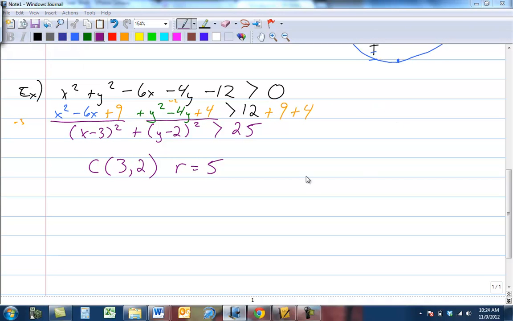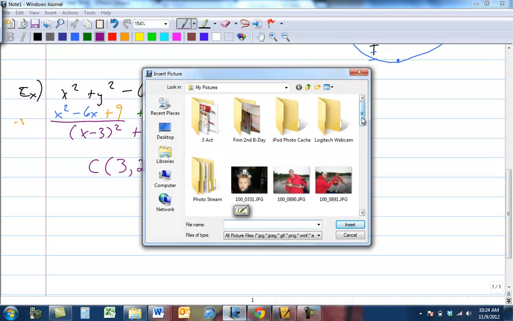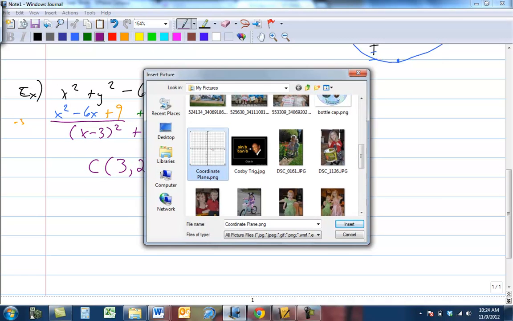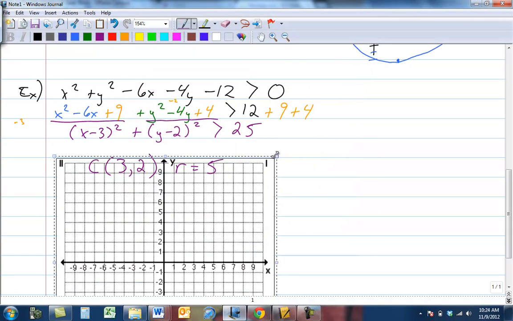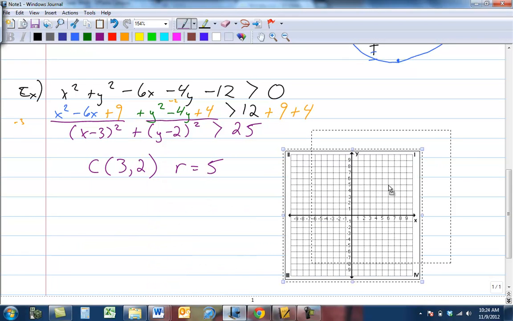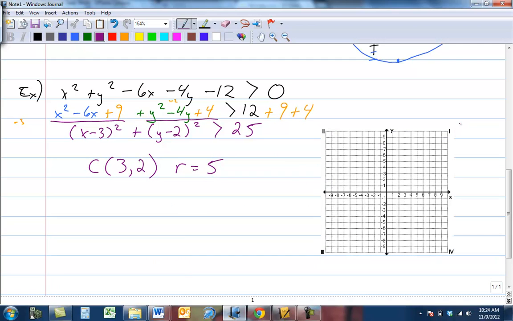All right, so get a grid, or you guys can start drawing your axes and stuff. I'm going to insert my coordinate plane here. And let's graph this. So our center is the point 3, 2 with a radius of 5.